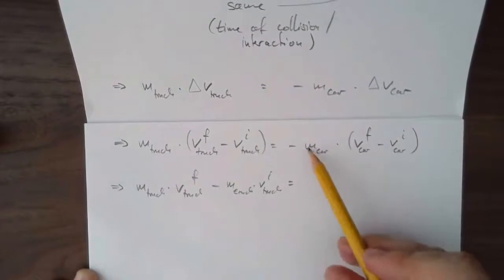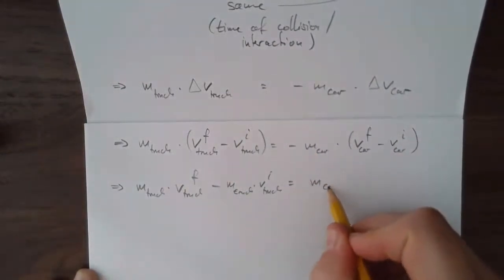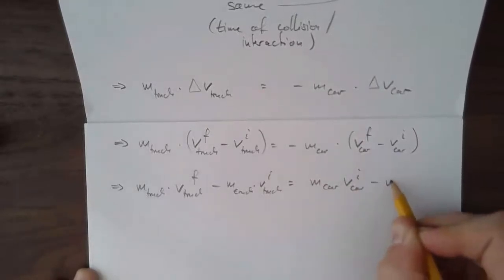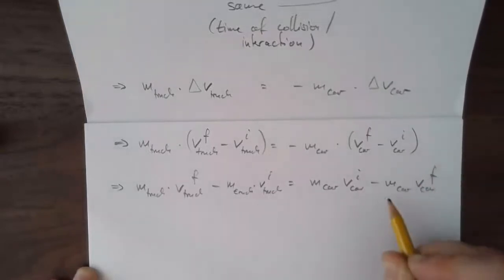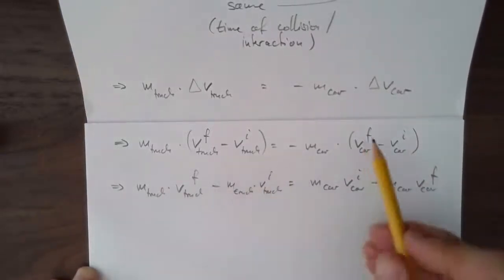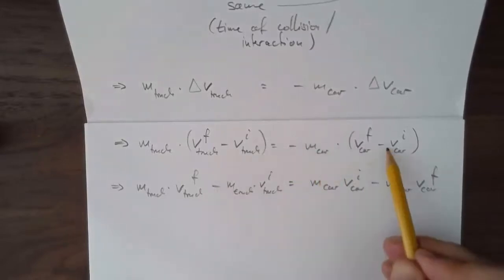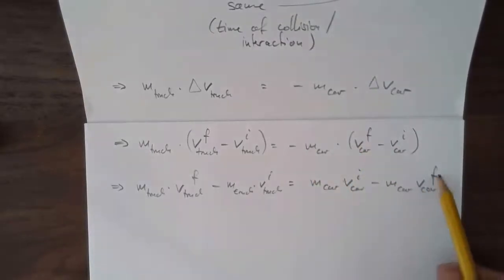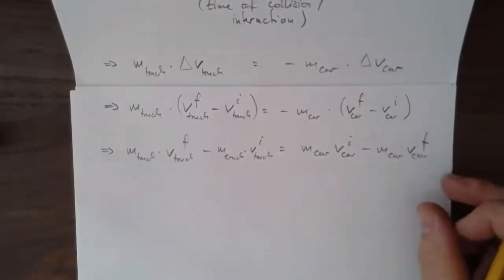That's equal to, there's a minus sign here, so minus minus, I'm going to write that first, m car v car initial minus m car v car final. Those two are the other way around as here because of this minus sign out front. So it's minus minus plus plus v initial minus this one v final. Okay, a bit of algebra I suppose, but what's the point?